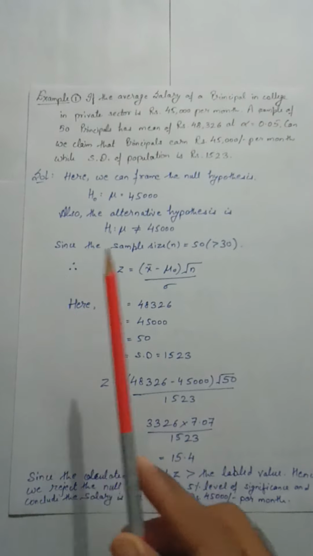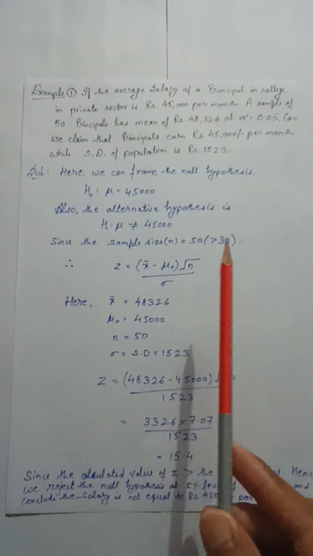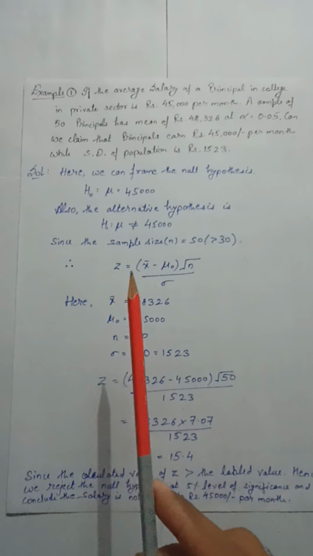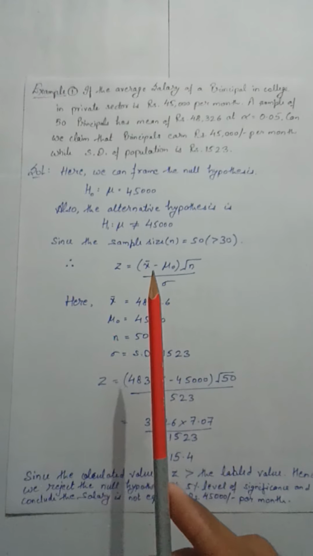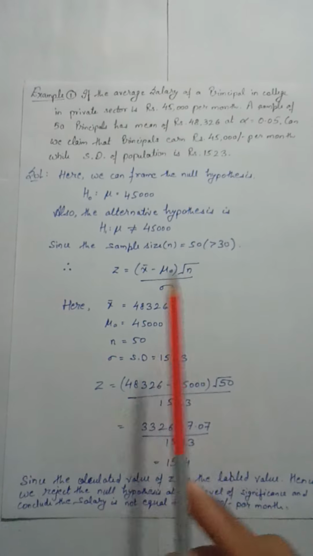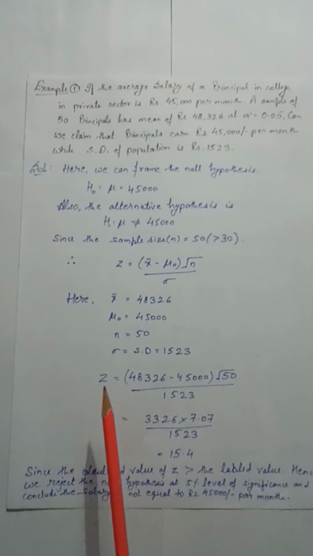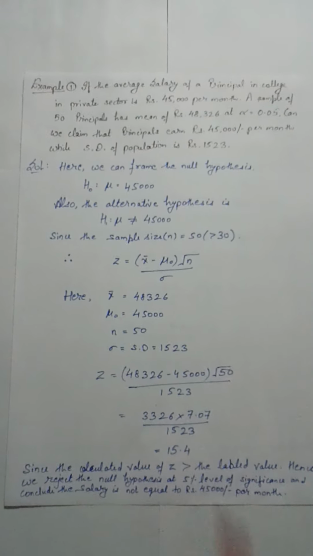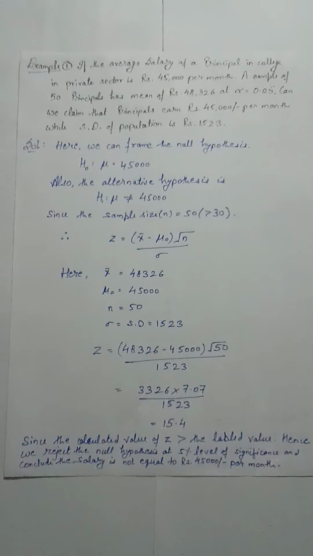Since the sample size n is 50, which is greater than 30, z will be the z test statistic, x bar minus mu naught into root of n upon sigma. Put all these values and find the value of z. Here in this question we are getting the value of z as 15.4.